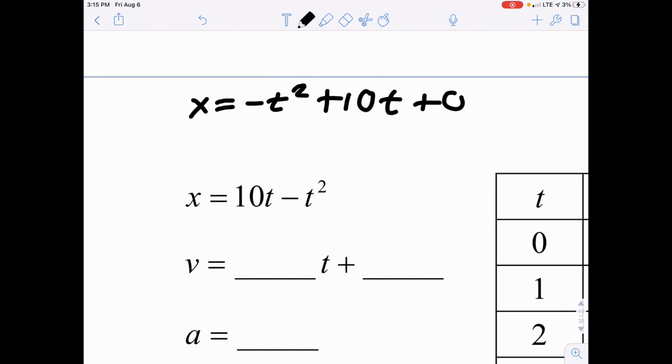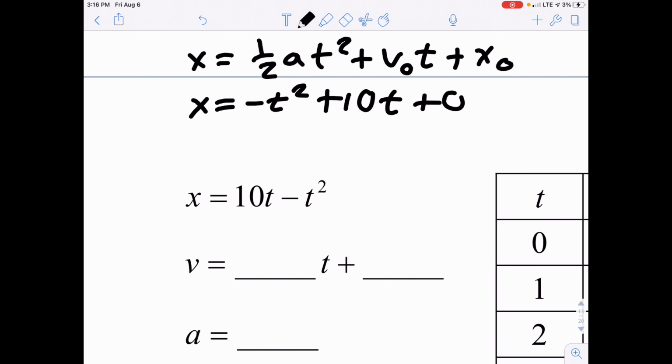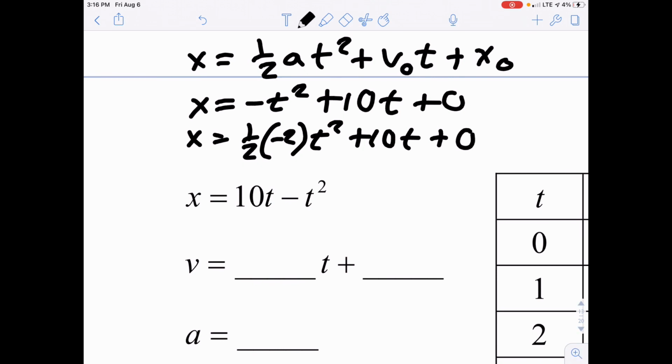So if we write it with respect to the actual equation, x equals 1/2 acceleration times time squared, plus v naught, initial velocity times time, plus initial position x naught, what we see is x equals 1/2 times negative 2, t squared, plus 10t plus 0.